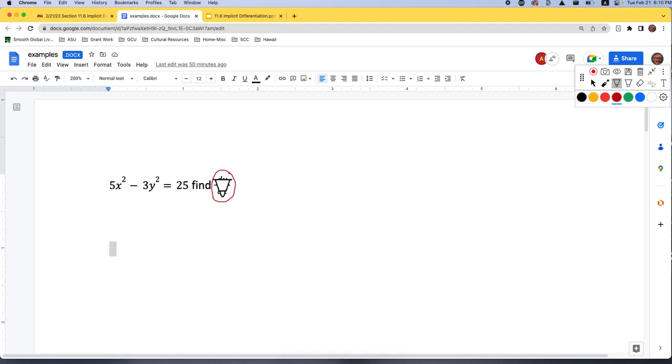So I've got three terms, right? I got this, I got this, I got this. We're just going to take the derivative of every term. When I take the derivative of 5x squared, what do I get? 10x. That's quick. Good. The 2 comes down, 2 times 5 is 10, subtract 1 from the exponent, so it's x to the first power. And what type of derivative did I take?